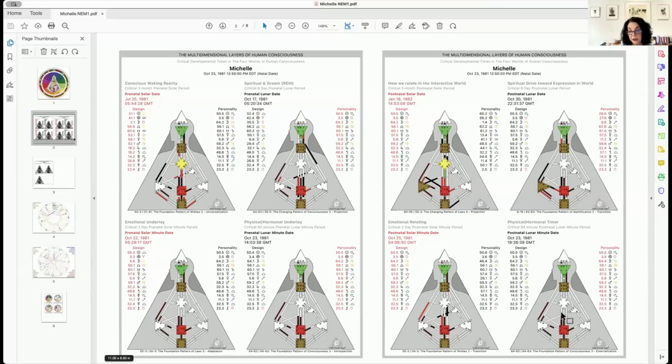It stays there in all of your layers, and it moves into the second hexagram. So the Chiron, let's see, where is it? Oh, it's the moon in the natal chart. And then you lose the moon clearly because the moon is a fast-moving planet. But then you pick up the second hexagram with Chiron in your postnatal chart.